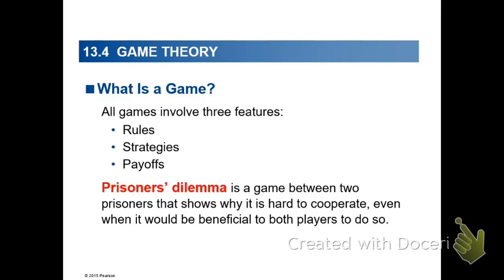John Nash came up with an example of why it is so difficult for economic agents to really collude with each other rather than serving their own selfish needs. So the Prisoner's Dilemma is a game between two prisoners that shows why it is hard to cooperate even when it would be beneficial to both of the players to do so.